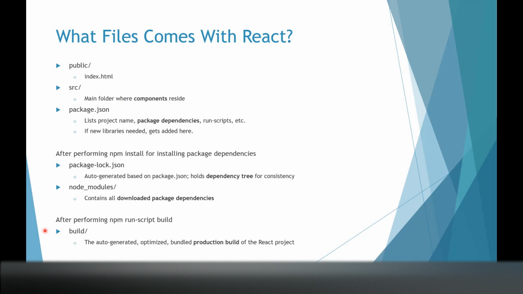Lastly, we also have the build folder, which is the main one that we get deployed. This basically contains all the WAR files. So it's auto-generated, optimized, and it's the production build of whatever React project you have. So these are the main ones you'll ever need to revise. And we'll go over the source folder next.